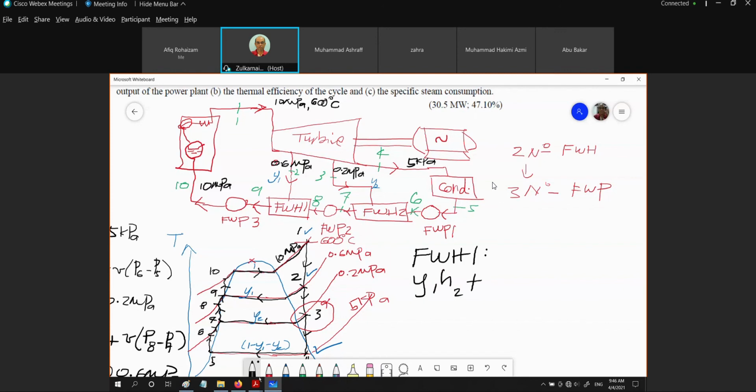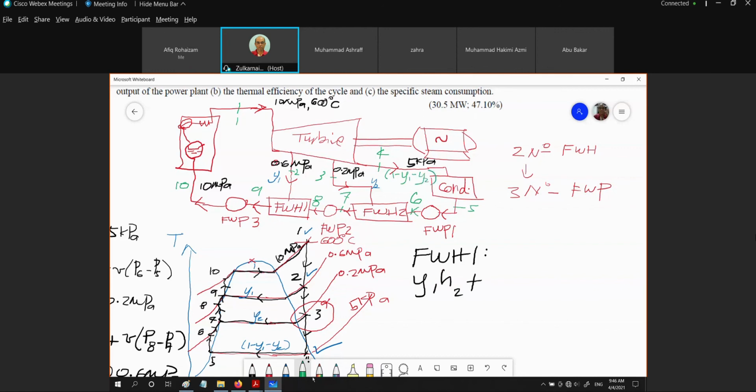Then entering at 6, 1 minus Y1 minus Y2 plus Y2. So what we have here is 1 minus Y1, correct? I repeat again. What is flowing right here is 1 minus Y1 minus Y2.